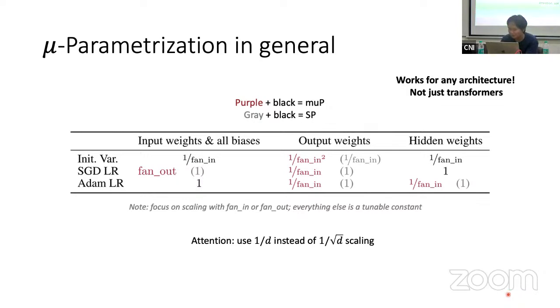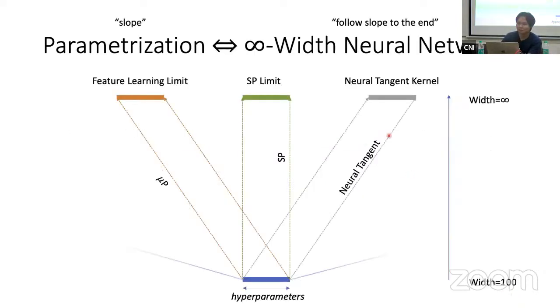If you remember this picture here, if the optimal hyperparameter is more like muP, and you're still using SP, the distance between the optimal and how you scale is going to be farther and farther apart. So this is not optimal.